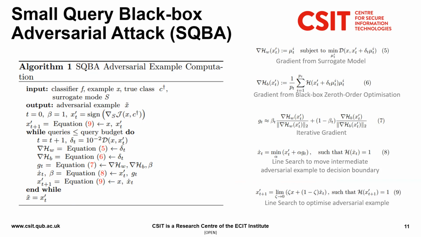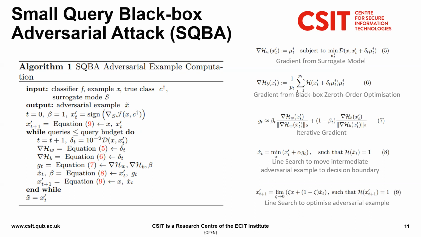So using this observation, we introduce a small query black box adversarial attack. The proposed approach begins with an initial adversarial example, and in early iterations, it solely uses the gradient estimated from a surrogate model, and gradually moves to the gradient estimated from black box zeroth-order optimization.